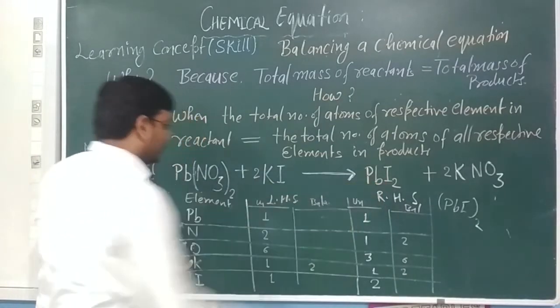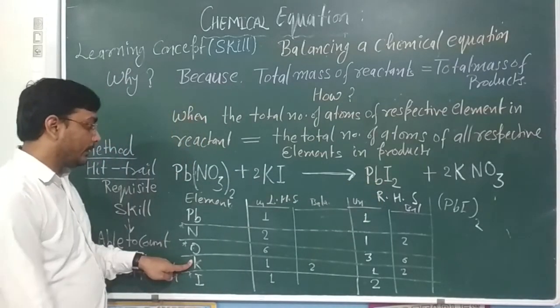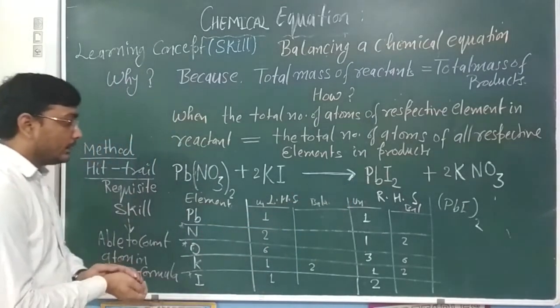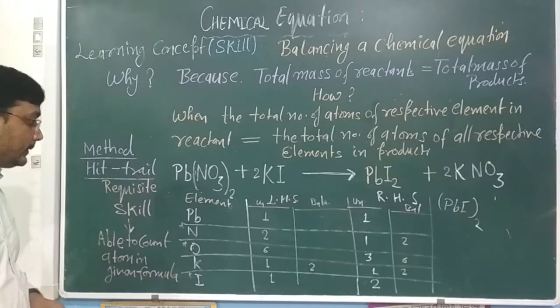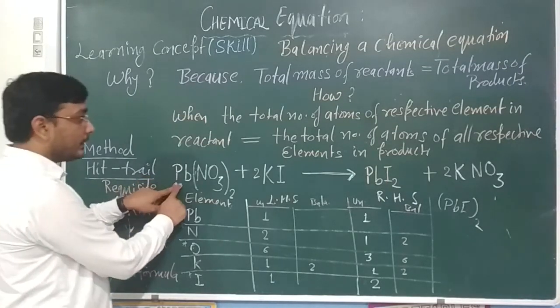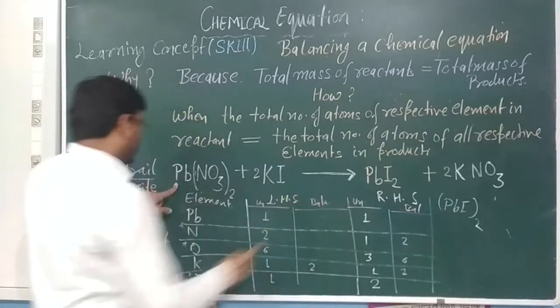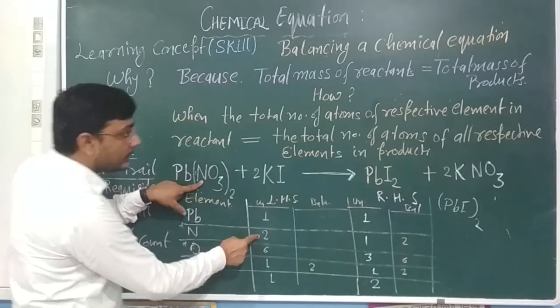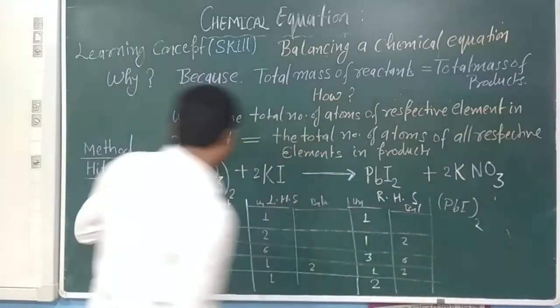Iodine problem solved. So next, the lead problem is solved. Now count again, just check it. Lead here 1, lead here 1. Nitrogen, 2 nitrogen on each side.